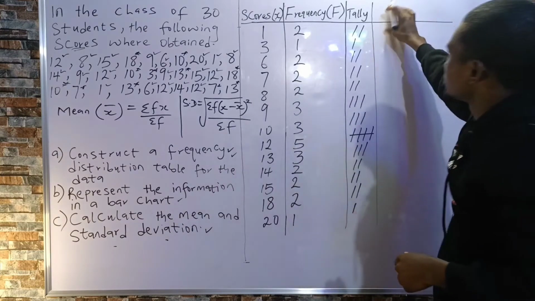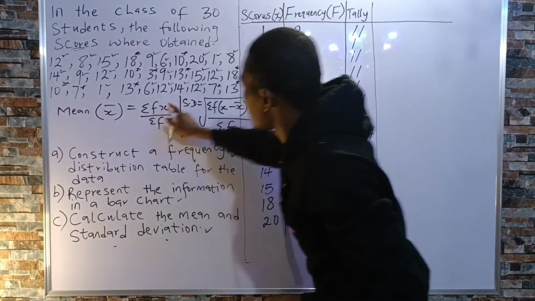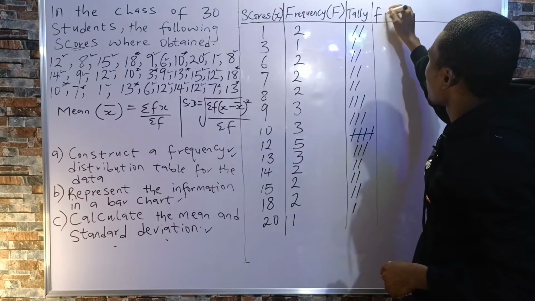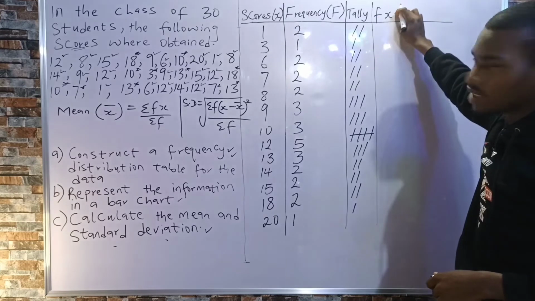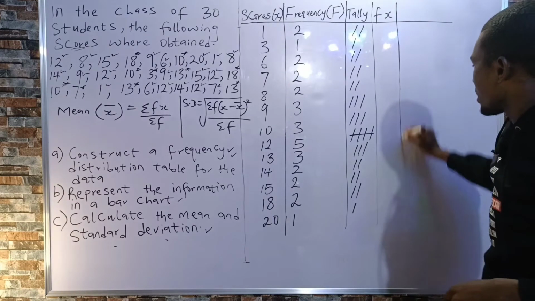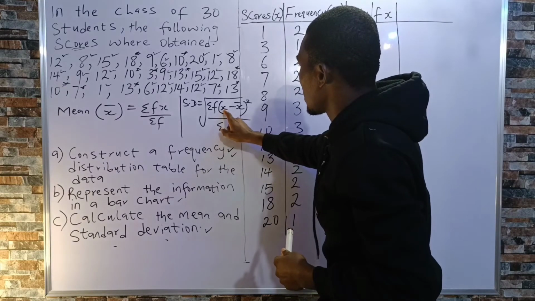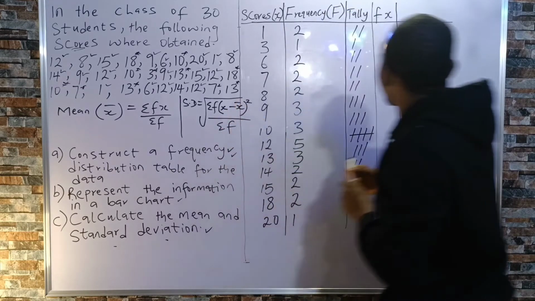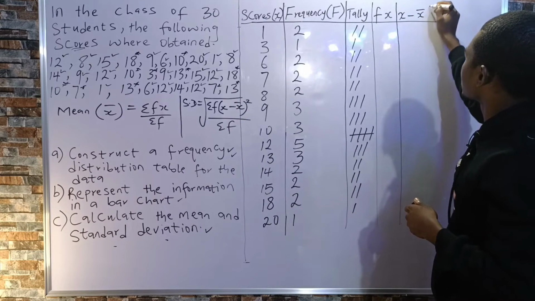So for this part of the column, we shall have our fx, which is the product of the frequency and the scores. Then after our fx, we shall have the next column that will accommodate x minus x bar. So here we have x minus our x bar.